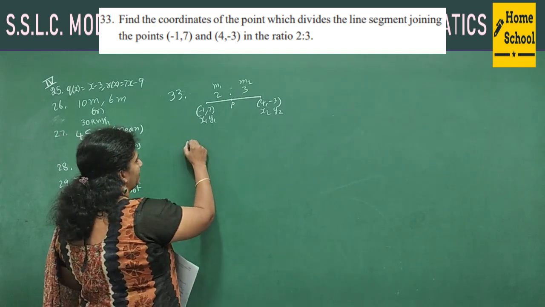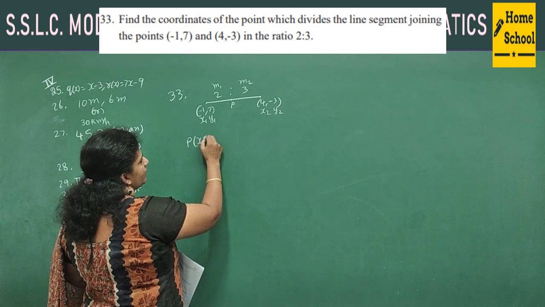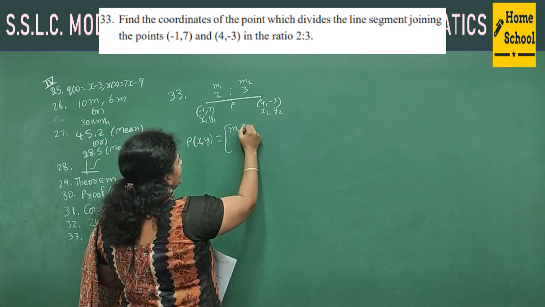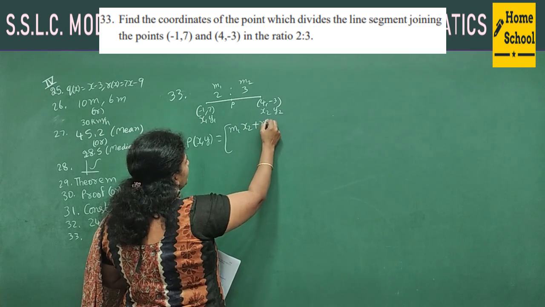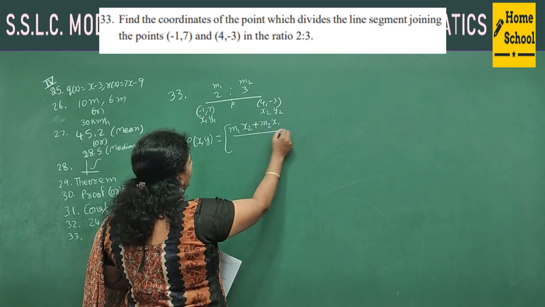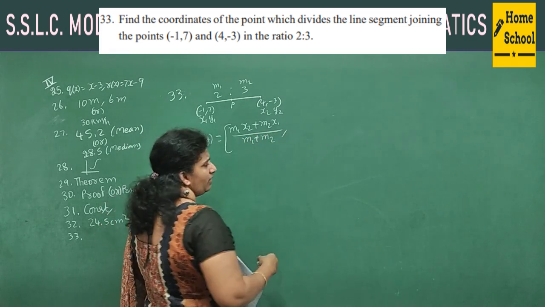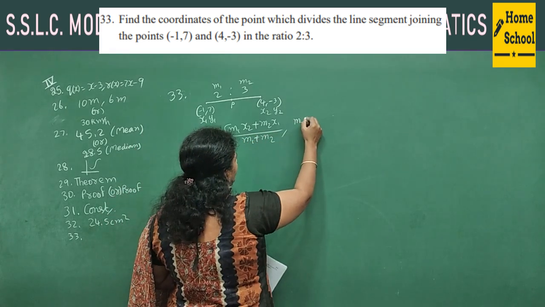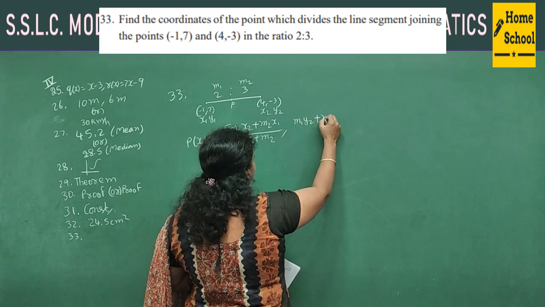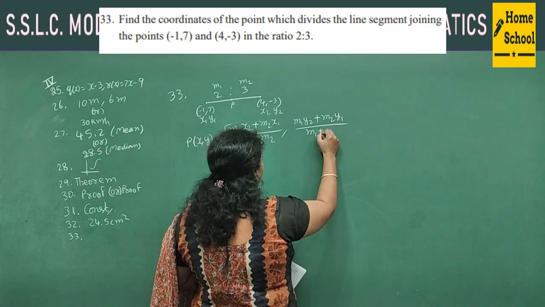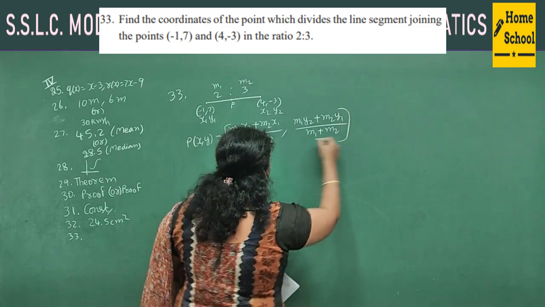Section formula. That is P of x, y is equal to (m1x2 plus m2x1) by (m1 plus m2), comma (m1y2 plus m2y1) by (m1 plus m2).